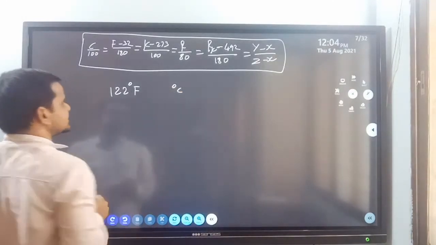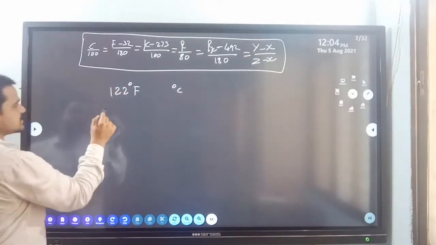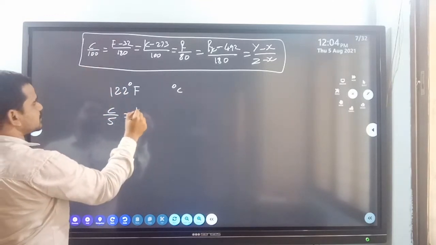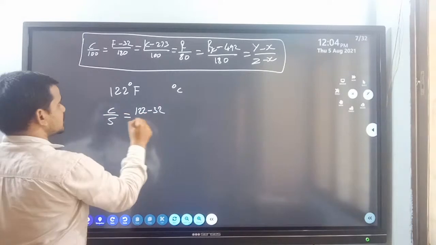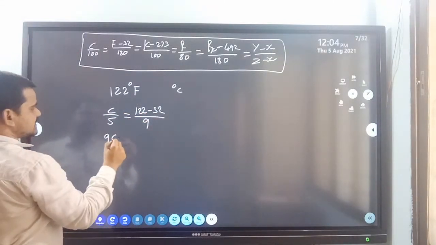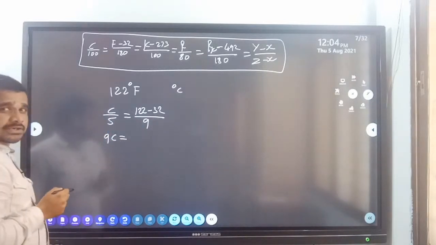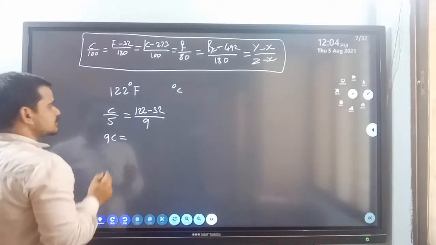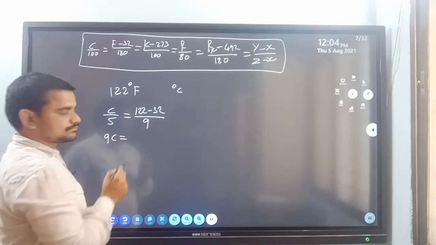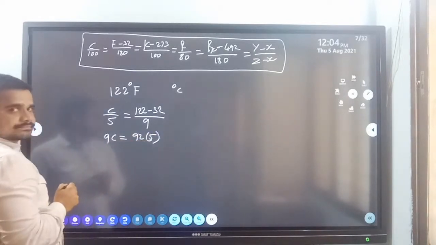C by 5 is equal to (F minus 32) by 9, with F as 122. Cross multiply: 9C is equal to 5 into (122 minus 32). 122 minus 32 is around 92, correct?